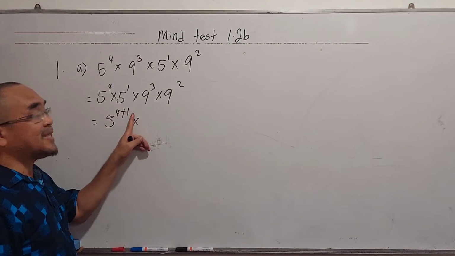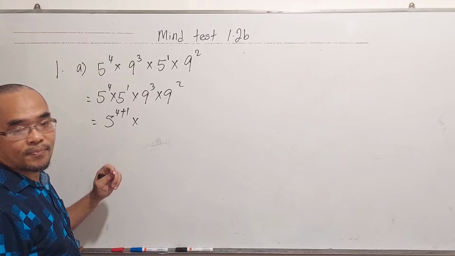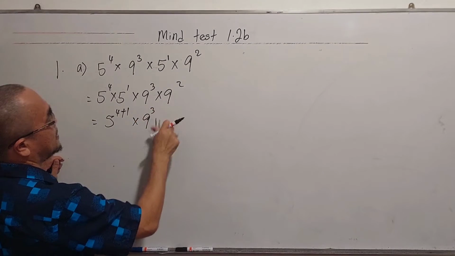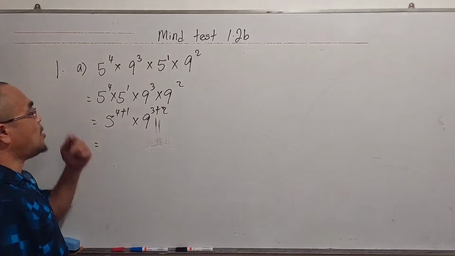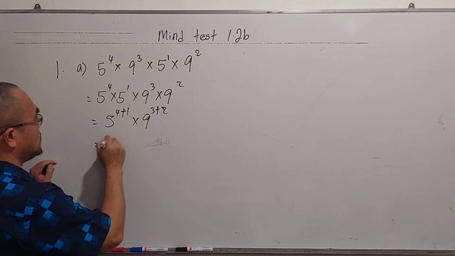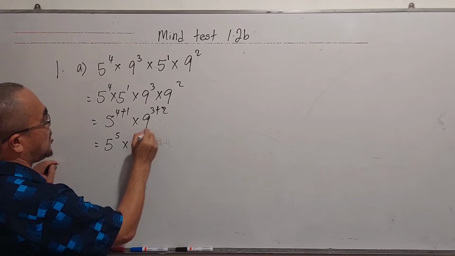Could we add here 3 and 2 also? Why not? Not the same base. Aha. Okay, so help me to simplify this. What is the answer? 5 to the power of 5 times 9 to the power of 5. Okay.